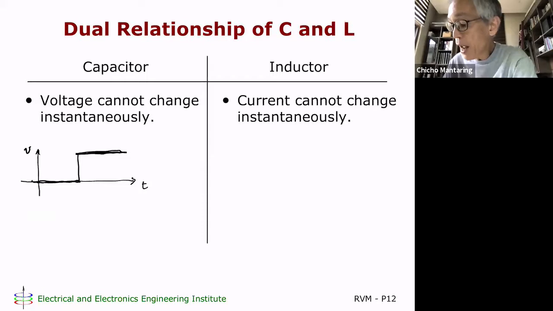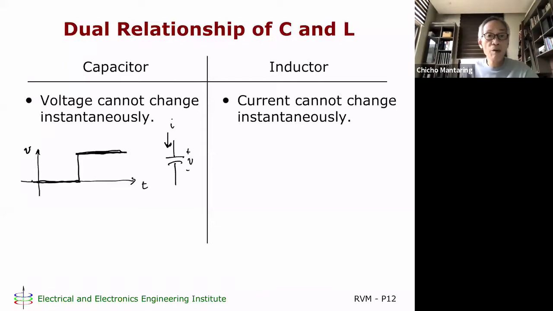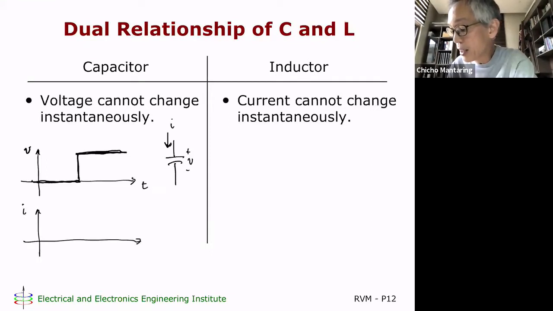Okay, and I apply this voltage now to a capacitor. So plus or minus V. What will my current look like? I versus T. Okay, what's our expression for I? Can somebody remind me? Ano yung expression natin for I?